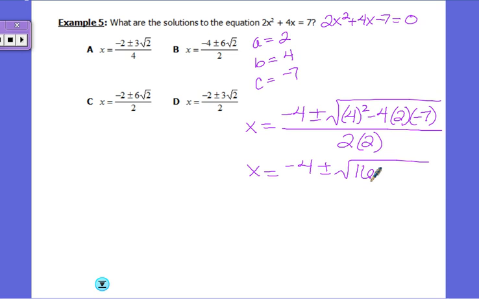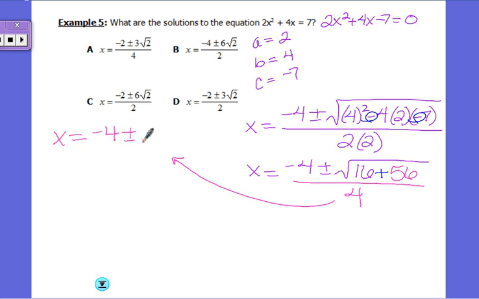If you notice, you have two negatives here, so that's going to become a positive. So 4 times 2 times 7 will give us 56 all over 4. Continuing to simplify, we have x equals negative 4 plus or minus the square root of 72 all over 4.